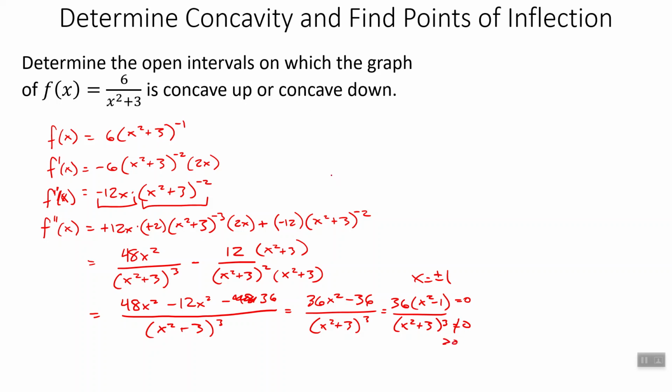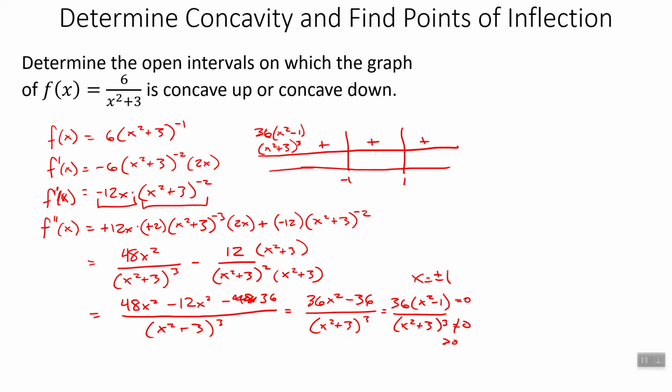So now we do our number line chart. I'm going to do it over here because I think I have a graph coming up over on the other side there. So all we have on here is -1 and +1. On the top, we've got 36 times x squared minus 1. On the bottom, we've got x squared plus 3 cubed. We could probably leave that off if we really wanted to, because we just said that that's always positive, and always positive does not affect our number line chart.